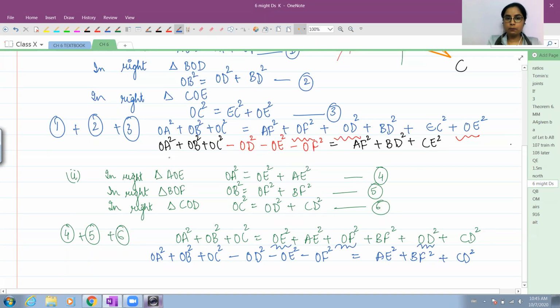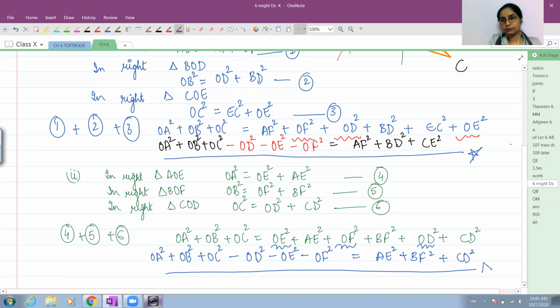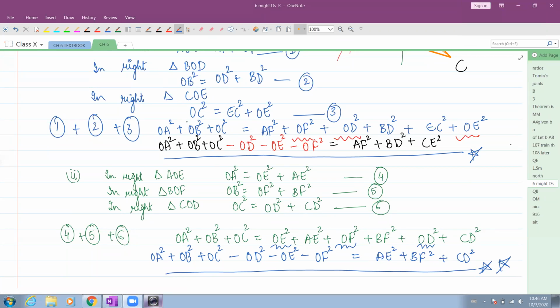Now I want you to compare the result that you obtained in part number 1 with the result that you obtained here. What do you see? It's just an observation. LHS is common.